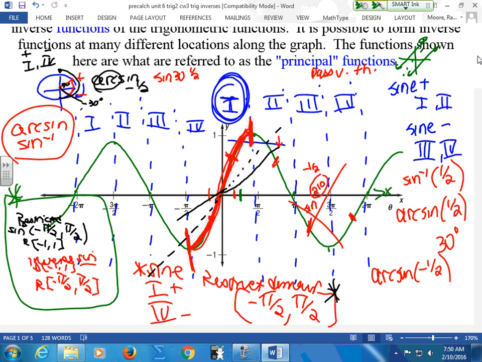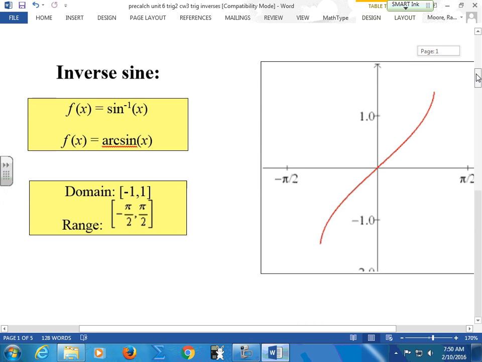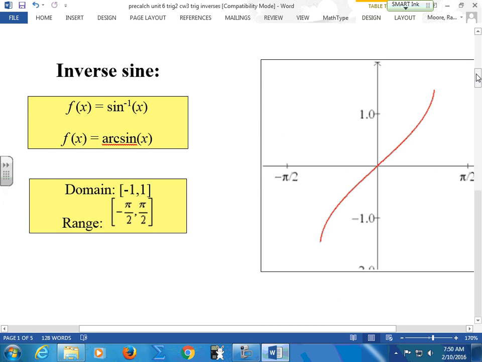Yep. Okay. All right. So here, they're giving you the new domain and the new range of an inverse sine. And we found this ourselves. We found it and we inverted it. We took the inverse of it.